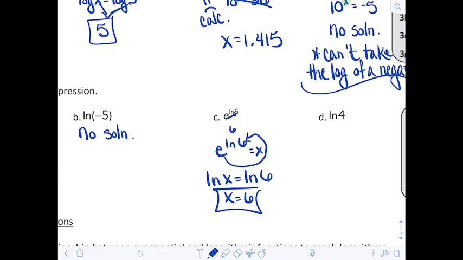And then the natural log of 4, if I wrote this as an exponential, e to what power is 4? That's not really anything anyone would know without a calculator. So when we go to the calculator and type that in, I got the value of the natural log of 4 to be 1.386.